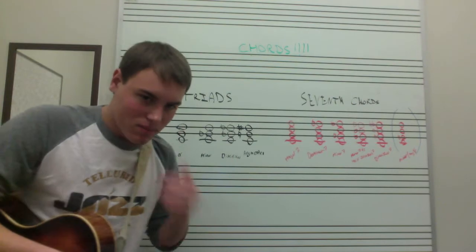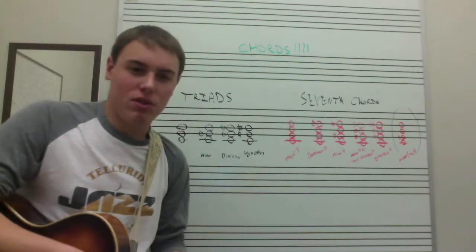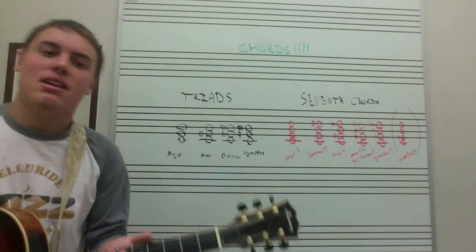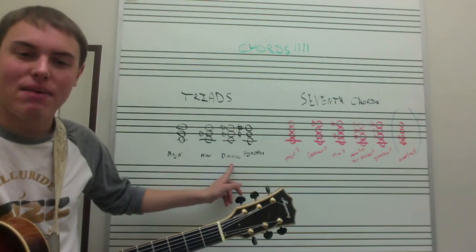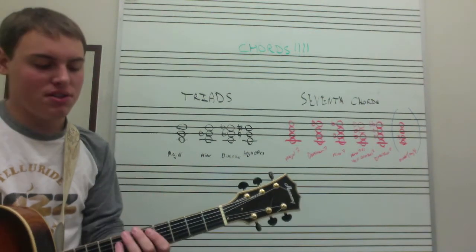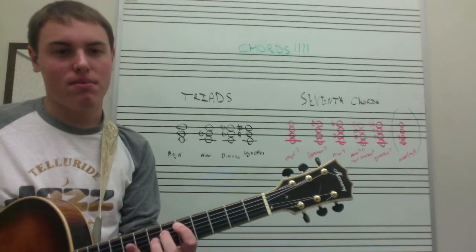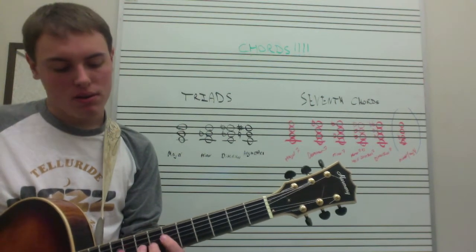Now, the cool thing about the fully diminished 7th chord is that it's, again, kind of like our diminished triad we had here, stacking minor thirds. You're just going minor 3rd, minor 3rd, minor 3rd, minor 3rd.